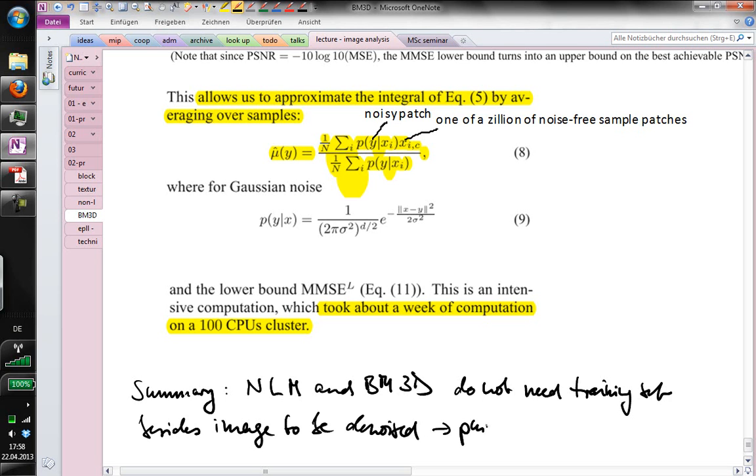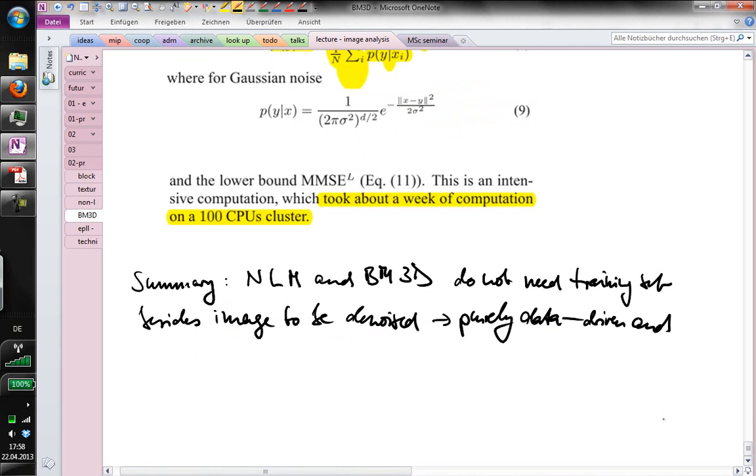In that sense, they are purely data-driven and prior free. This paper that I didn't have time to talk about, by Zoran and Weiss, is all about bringing the priors back.